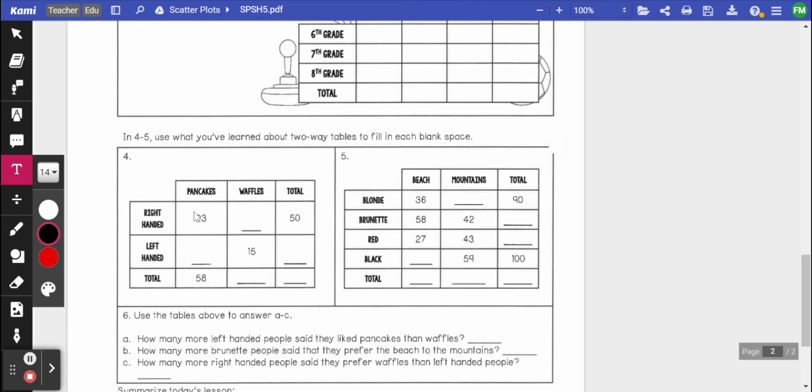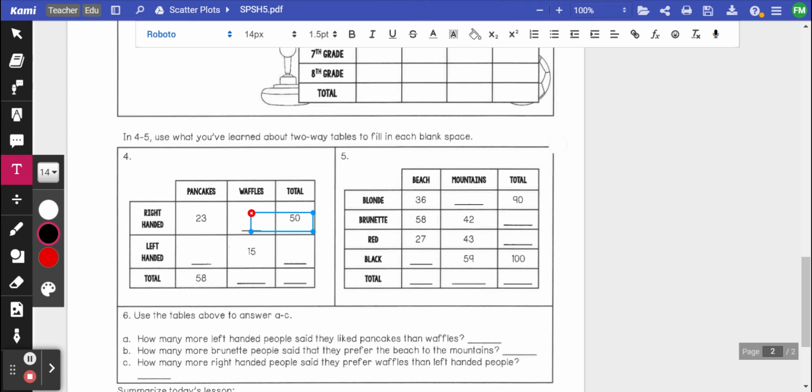So when I look at this, okay, I'm looking across 23 plus some number is 50. Okay, so I'm going to need a 27 right there. But I've also got 23 plus some number is 58 for the total number of people that choose pancakes, which is going to get me to 35. Okay.